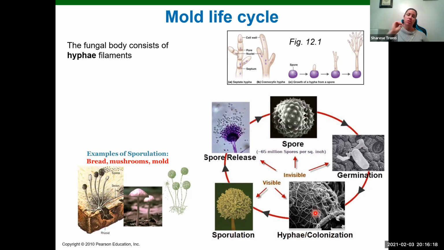This is how these molds are reproducing. The spores are going to be spread out, and then they're going to germinate when they reach a favorable environment, and then go back to being a mold with the filaments.